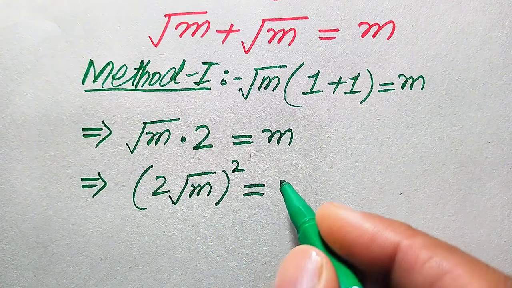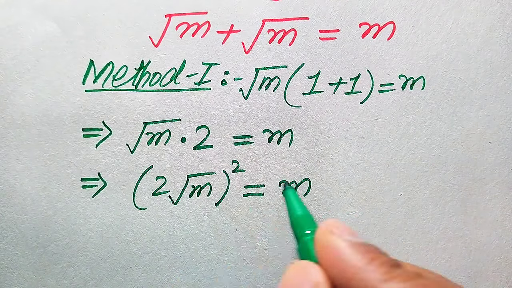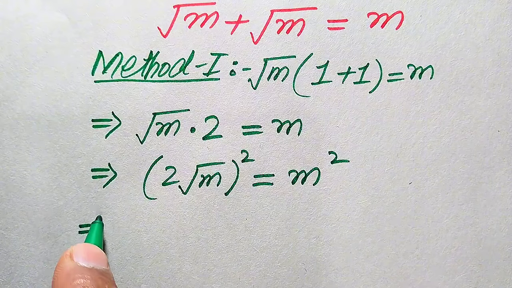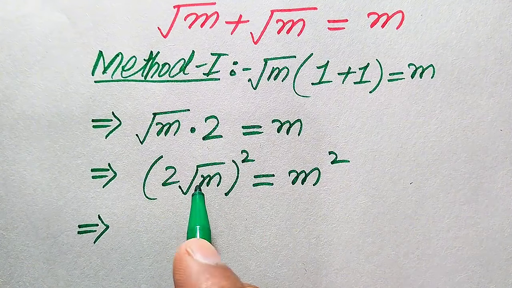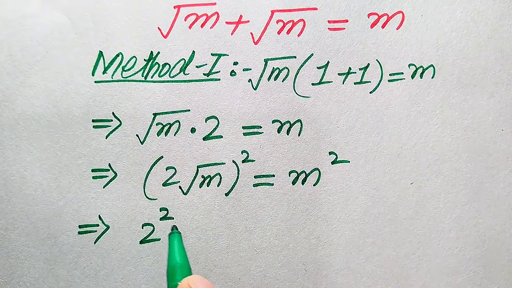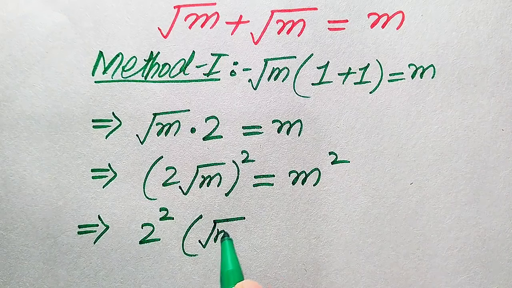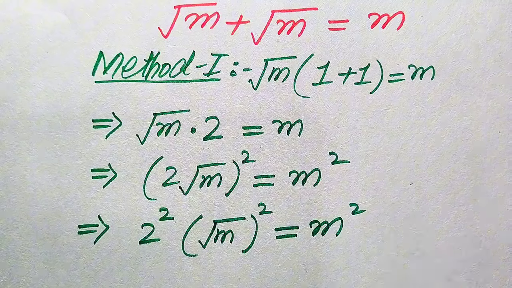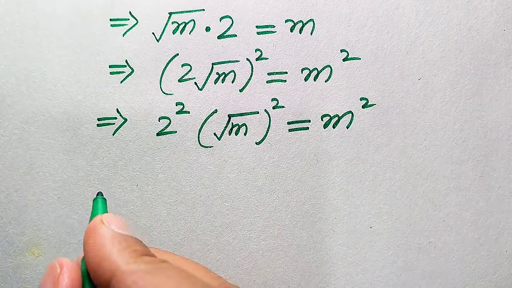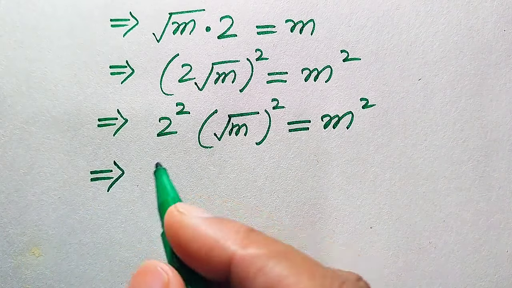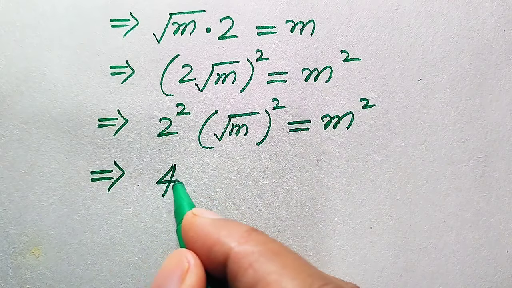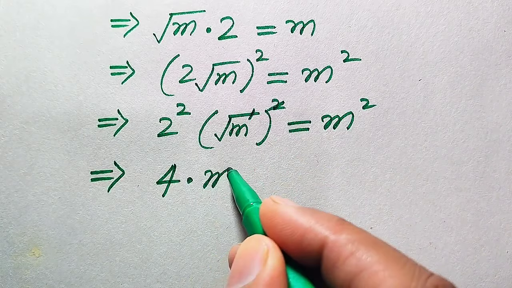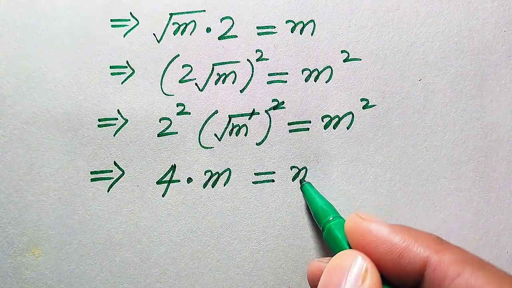It will be written as (2√m)² = m². Now we apply the square separately on both values, and it becomes 2² times (√m)² = m². With further simplification, 2² becomes 4, the square and the square root cancel, and we get 4m = m².